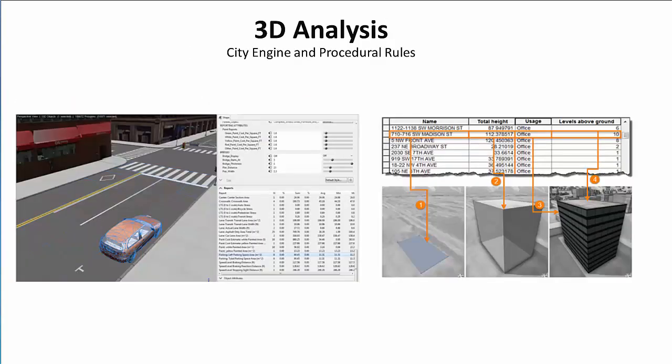Because GIS has data attached to each of its features, you can do advanced analysis of quantifiable data using tools like CityEngine and procedural rules. CityEngine is Esri's advanced 3D modeling software for creating huge, interactive, and immersive urban environments.